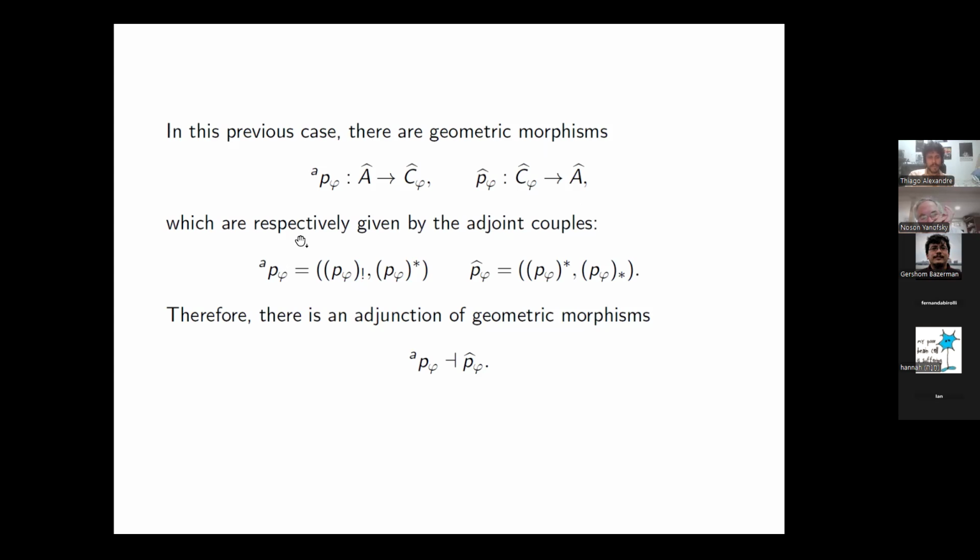And these are given by these adjoint couples here. Therefore, one can verify that there is an adjunction of geometric morphisms in the two-category, an adjunction in the two-categorical sense, in the two-category of categorical topoi.